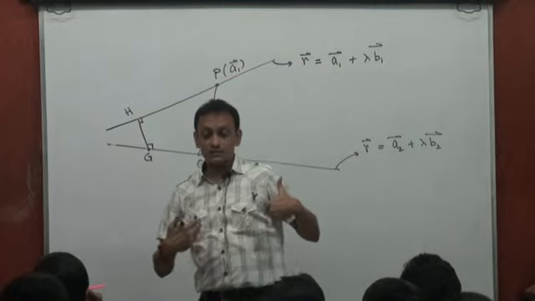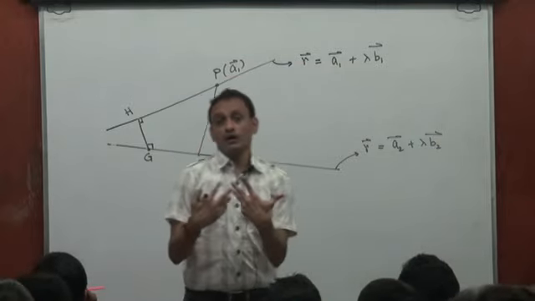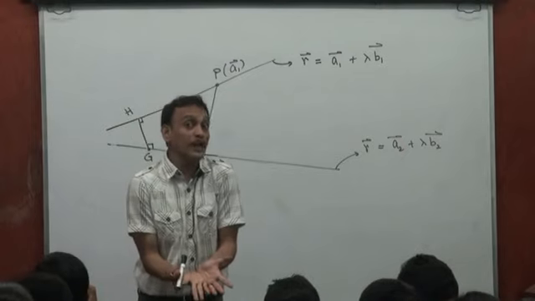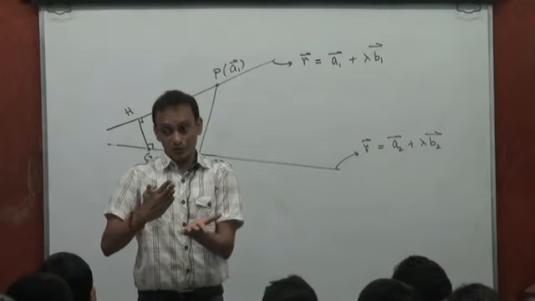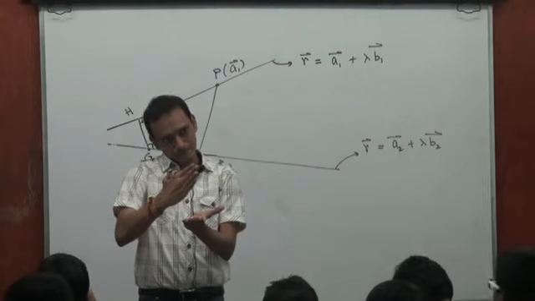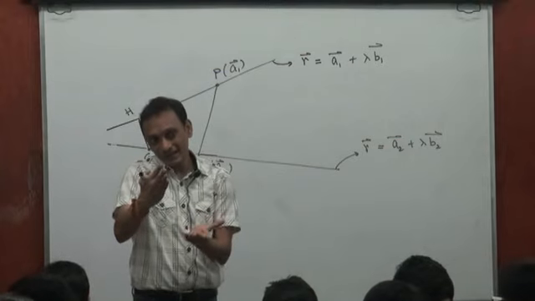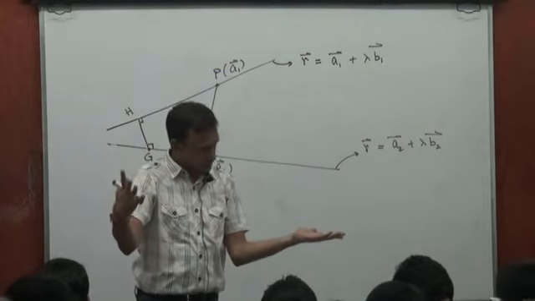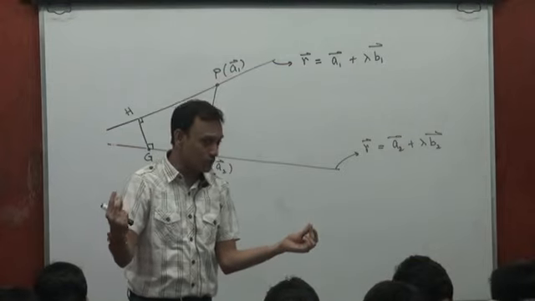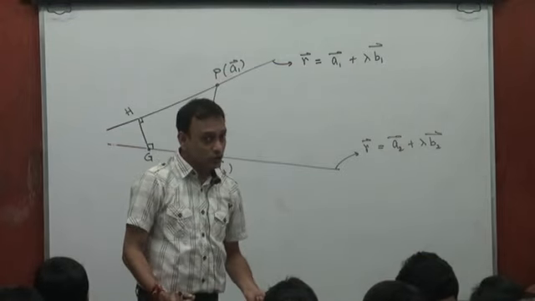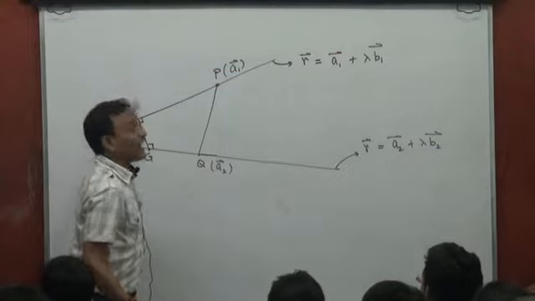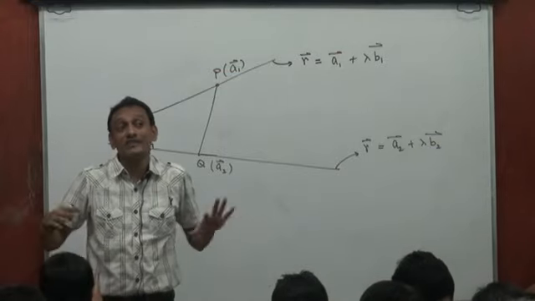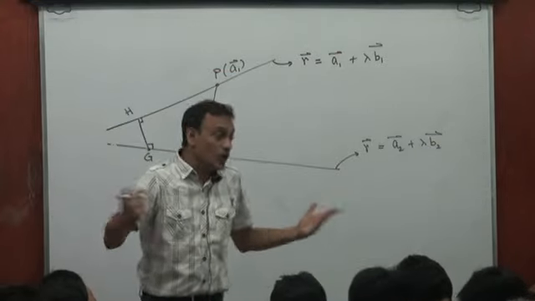So that means a vector parallel to GH is B1 cross B2, because B1 cross B2 is perpendicular to both B1 and B2, yes or no? So B1 cross B2 lies along GH. B1 cross B2 is a vector parallel to GH, yes or no?